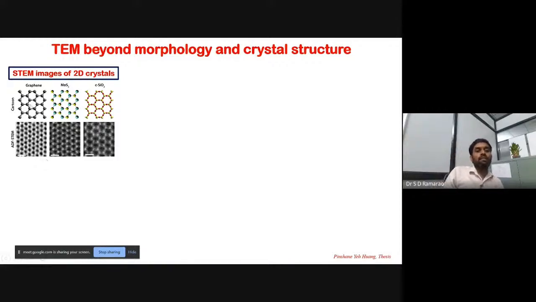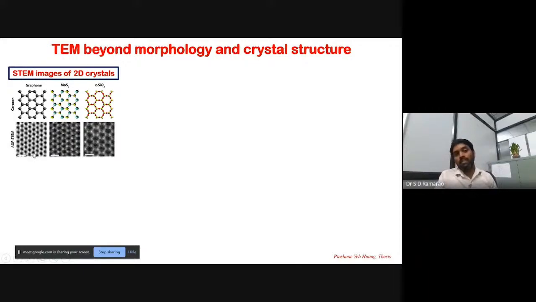And you can see here graphene, you all know, right? Graphene: you have graphite with many layers, and you remove one layer from the graphite, and we call that one layer graphene. Graphene has hexagons of carbon, right? If you take the STEM image, the scanning transmission electron microscope image, you can see how accurately it shows the symmetry.